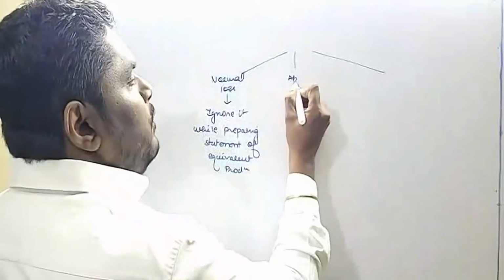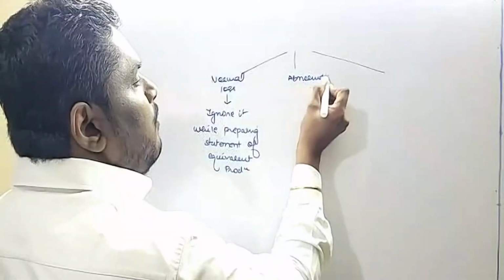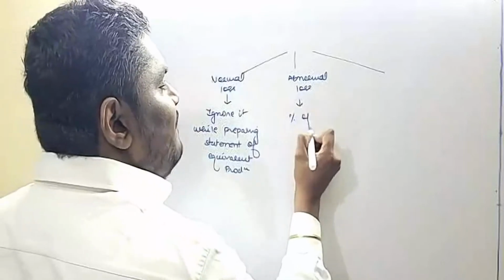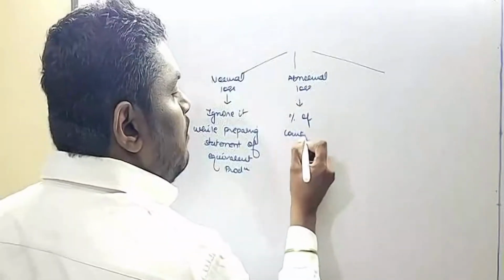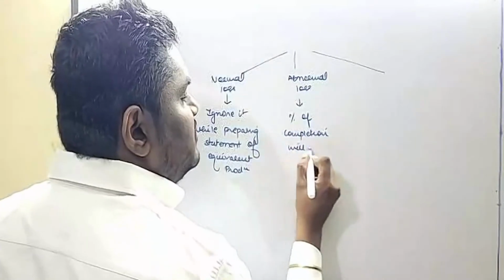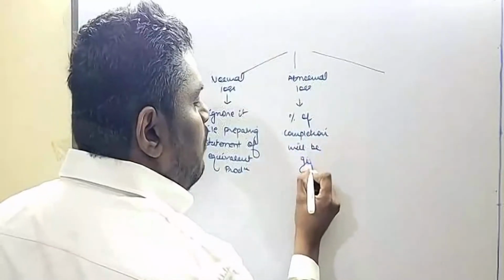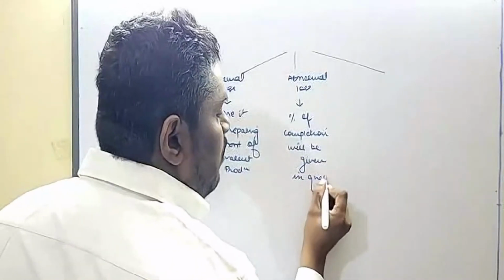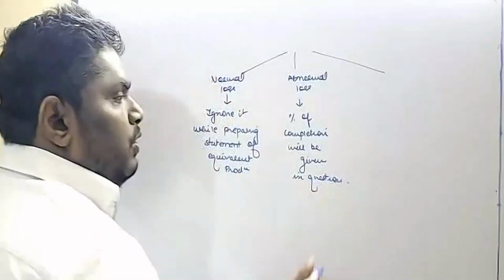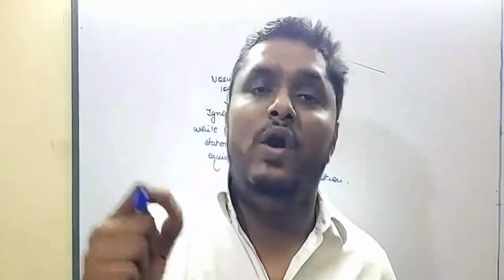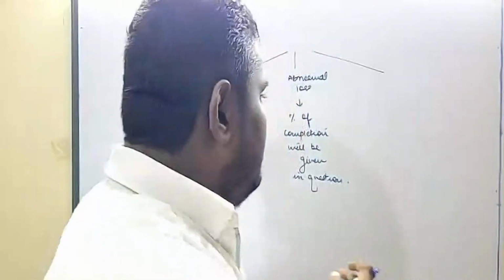When talking about abnormal loss, the percentage of completion will be given in the question. So in case of abnormal loss, the percentage of completion of units that are scrapped will always be given in the question.